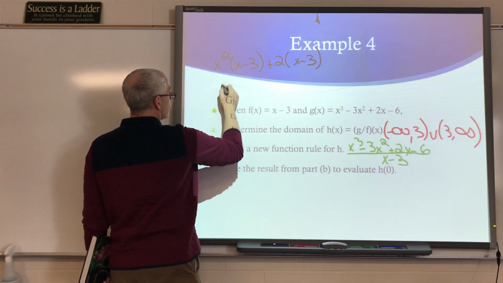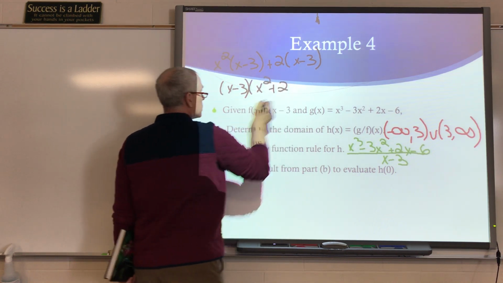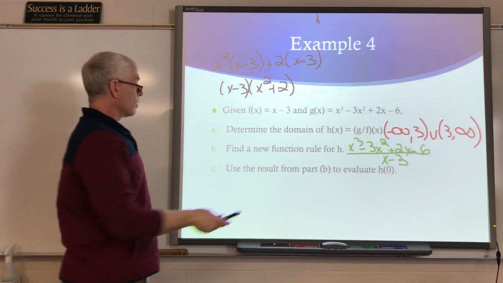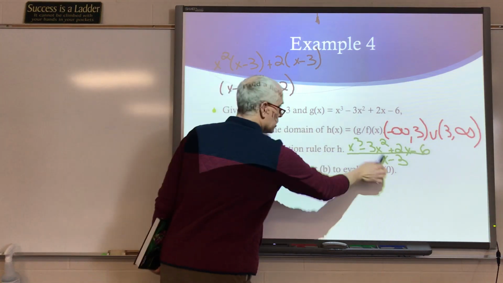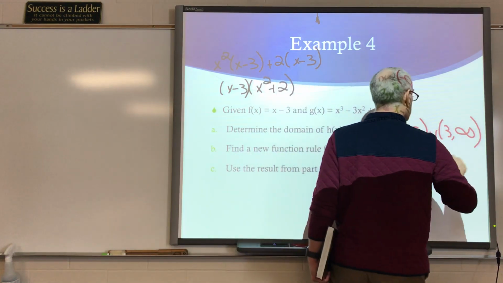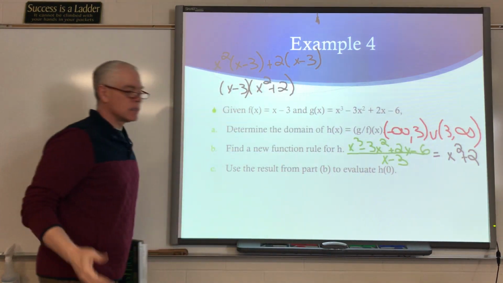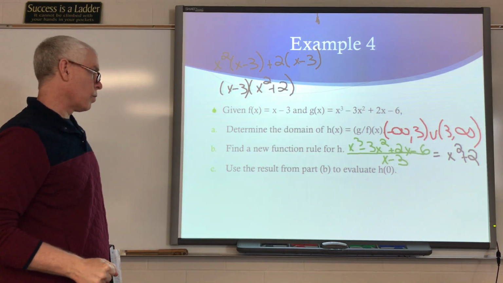So this factors to x minus 3 and x squared plus 2. Well, there's an x minus 3 in the denominator as well. So those will cancel, leaving me with just the x squared plus 2. So that would be the simplified version of what I would get if I wrote that out, a new rule for it.